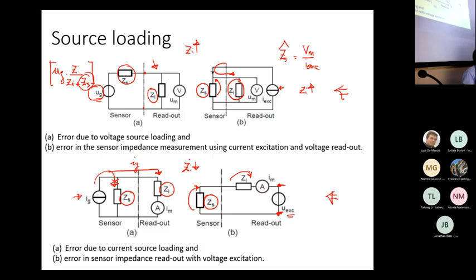So again, it is important that the input impedance is as small as possible, because when it is small, the voltage drop across it is small as well. There are many different situations in which a proper design of the input impedance is important, and this source loading task is realized with the analog circuit.